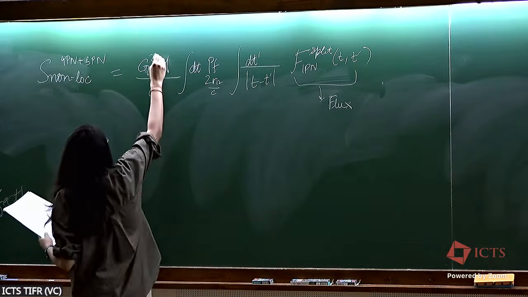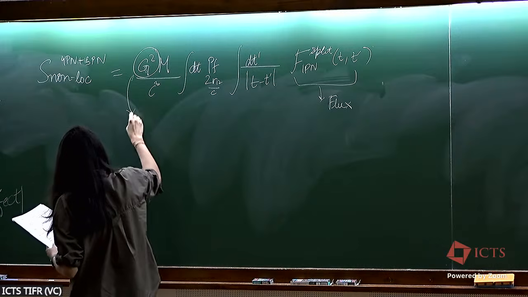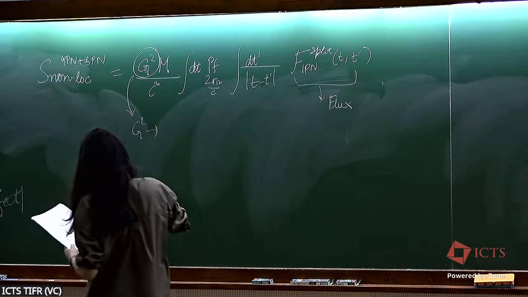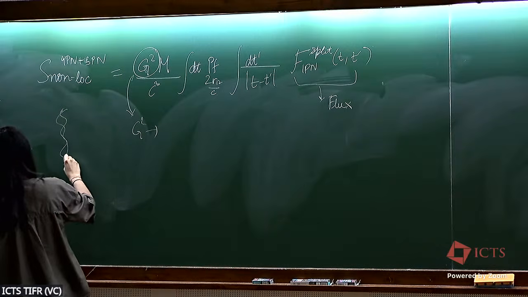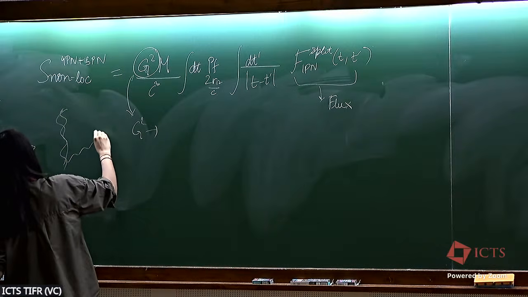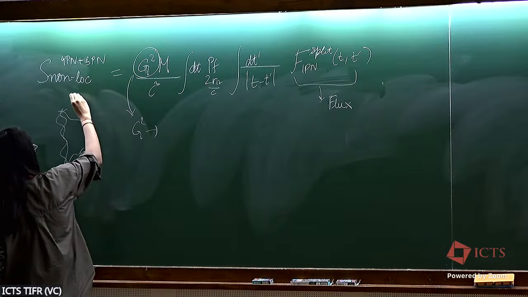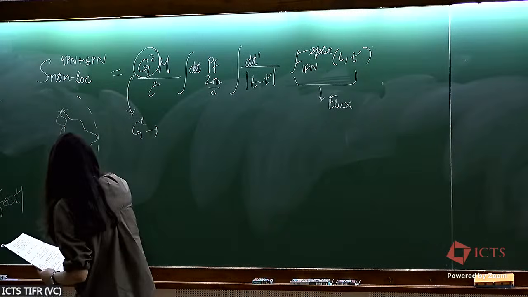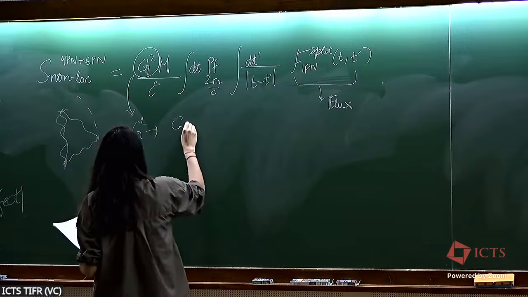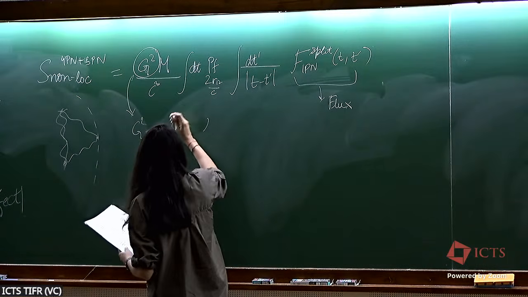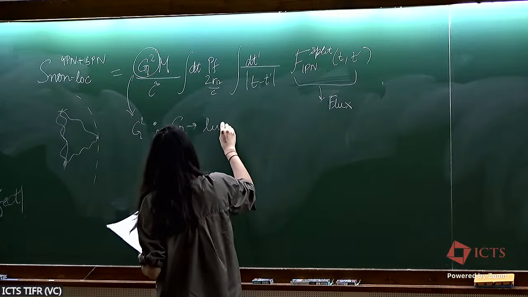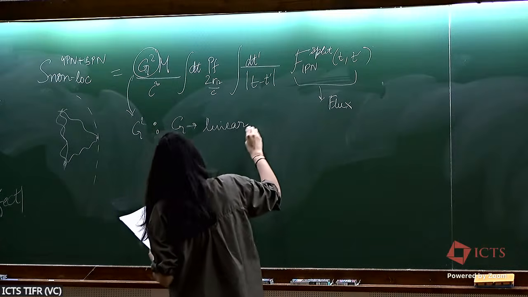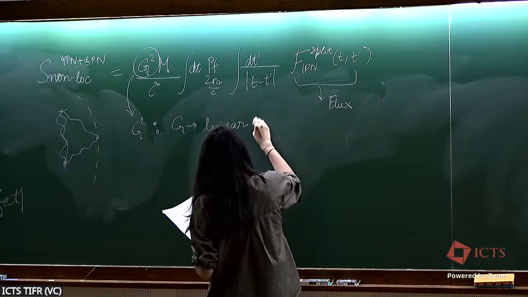So why is there G square? We said that the tail is like one propagation being scattered back. So one G, basically linear G, comes from the first or the ordinary interaction.